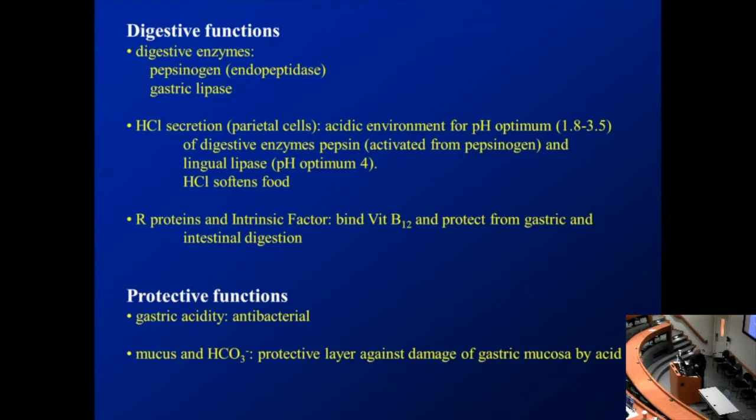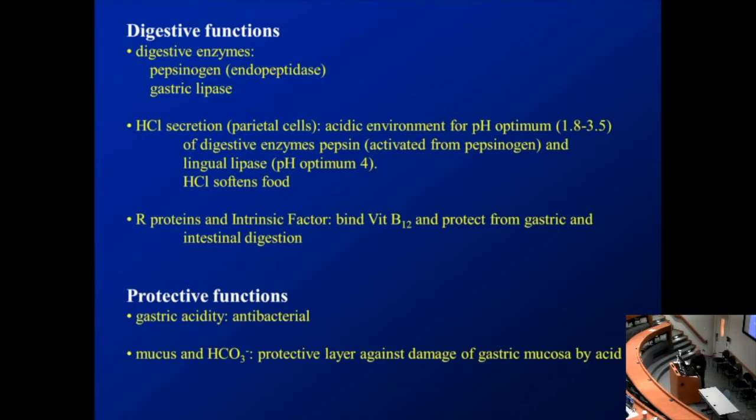I mentioned the R proteins and intrinsic factor that protect vitamin B12 from being degraded, and therefore aid its absorption at the right site, which will be later on in the terminal ileum.